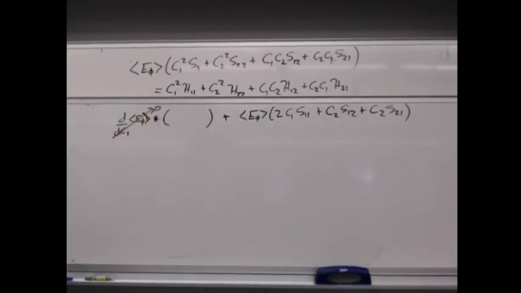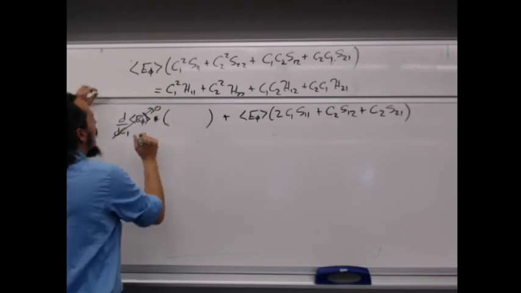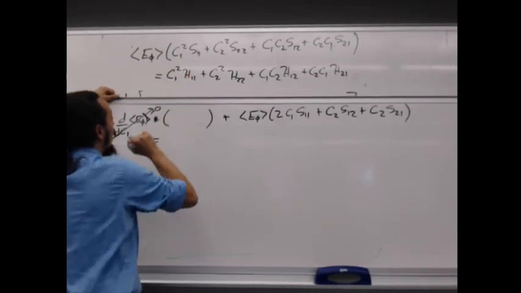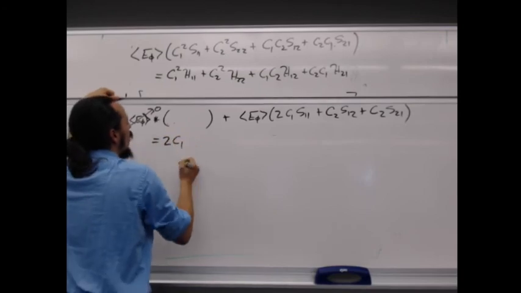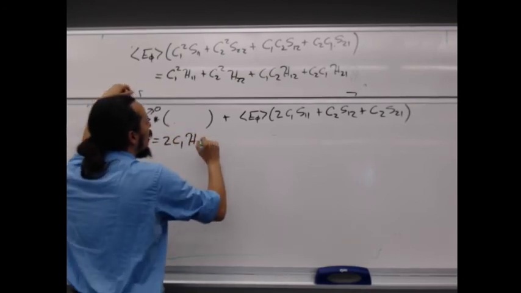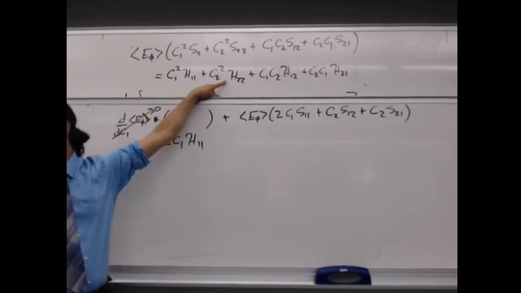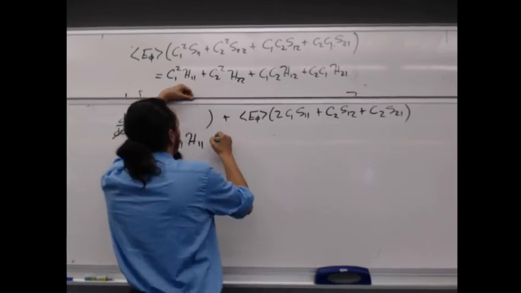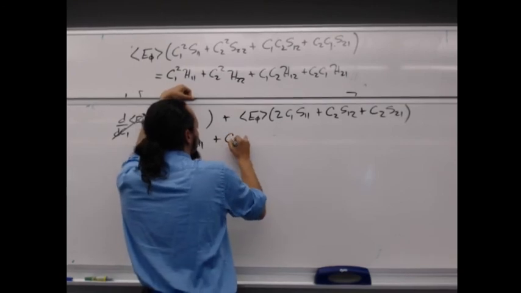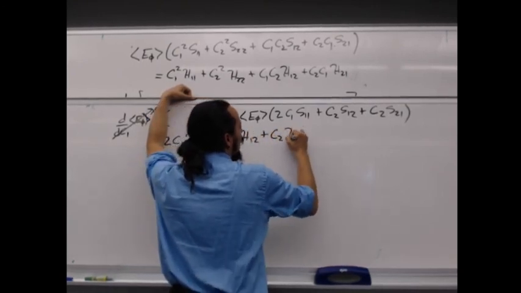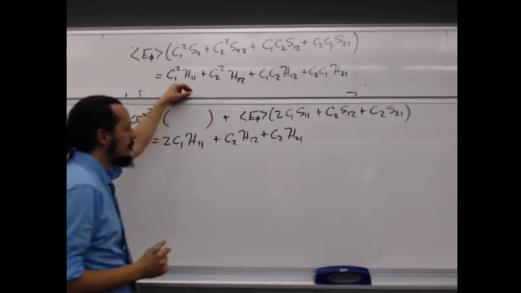Just taking the derivative, applying the chain rule. Then I'm going to take the derivative of the second half, so I'm going to have 2C1 H11. This term goes to 0 when I take the derivative with respect to C1, because there's no C1 dependence. And then I'm going to get C2 H12 plus C2 H21.